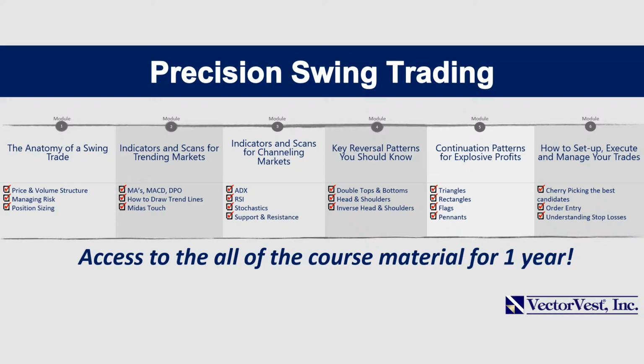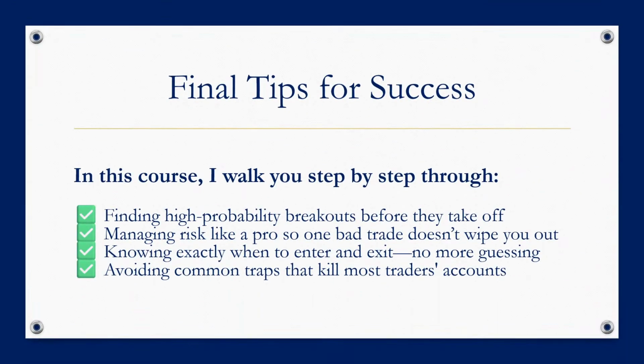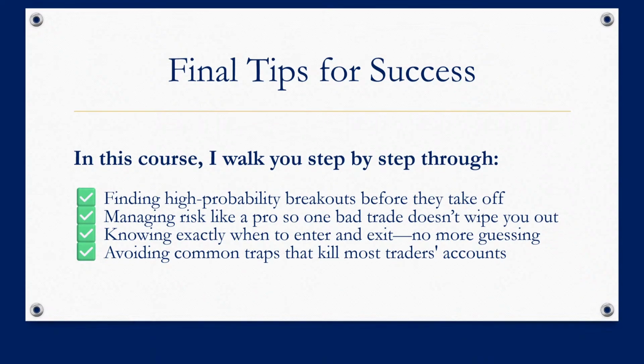Here, there's a rhyme or reason to everything. And then finally, I love module number 6. This is where we put it all together, okay? We go through the review of how to set up trades, how to execute them, and how to manage them. In this course, it's not just information. It's a complete structured process that helps you finally trade with clarity and confidence.